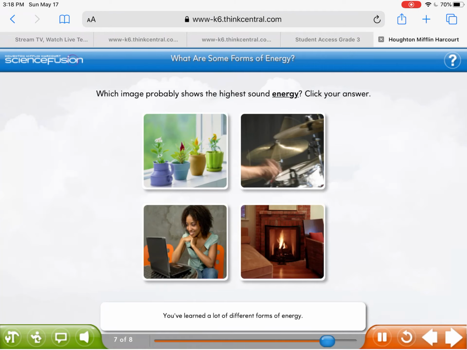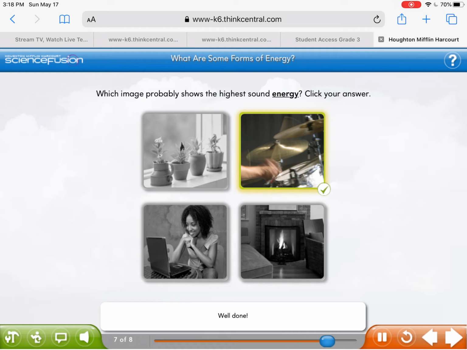You've learned a lot about different forms of energy. Think about these energy types and choose the picture that shows the most sound energy being used. Well done! Playing the drums releases a lot of sound energy.